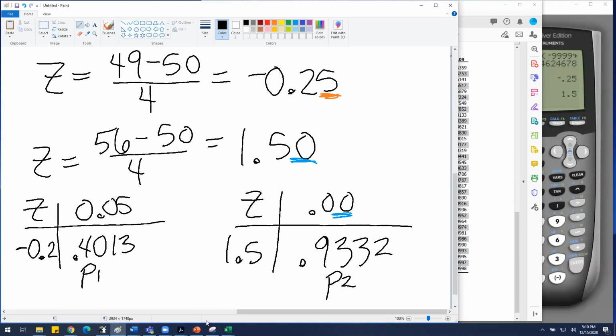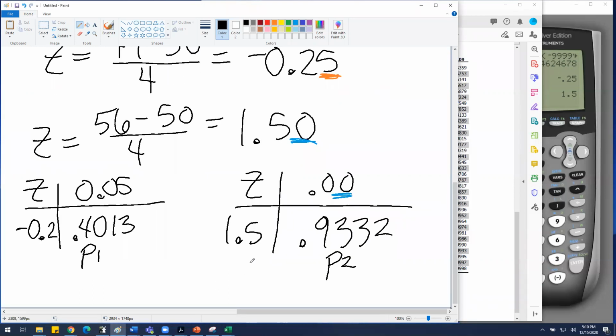To find the probability between the two speeds, you're going to subtract the higher probability minus the lower probability. You can never have a negative probability. Probabilities are always between 0 and 1. So make sure you subtract the higher number minus the lower number.